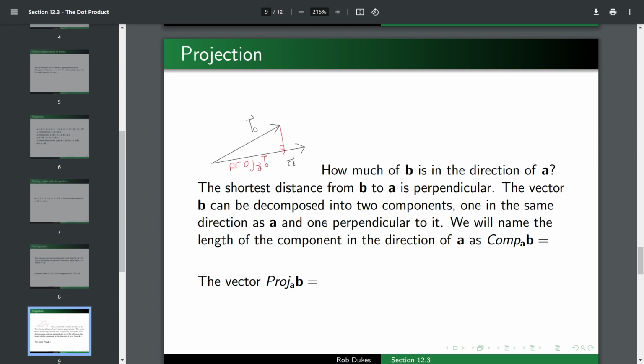Now the trick here: we said before that we like to decompose vectors into their x and y components. But there's no reason why they have to be x and y. They could be any two perpendicular directions. In this case, we could decompose B into the piece of B that goes along with A and the piece of B that goes perpendicular to A. So let's draw a little picture. Let's expand this a bit. We have a vector A that's mostly just a direction here.